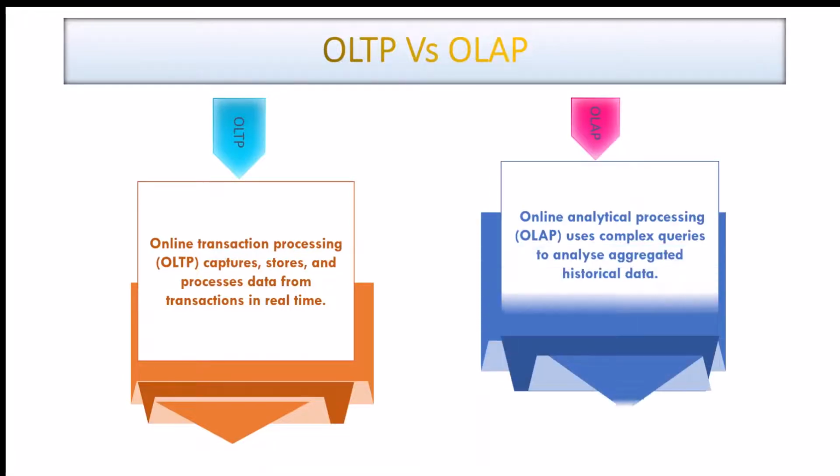The OLAP is nothing but online analytical processing. It uses complex queries to analyze aggregated historical data. Here, the data that is being used by OLAP applications is historical data. We know that the ETL process is used to convert the transaction data and related data into analytical data.